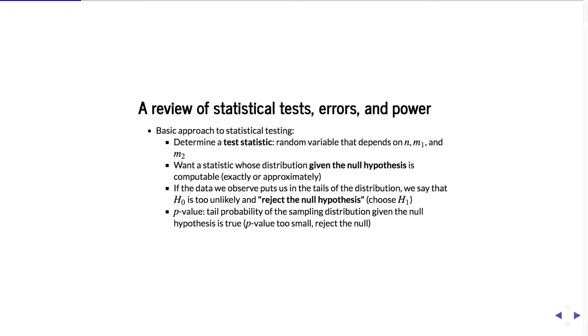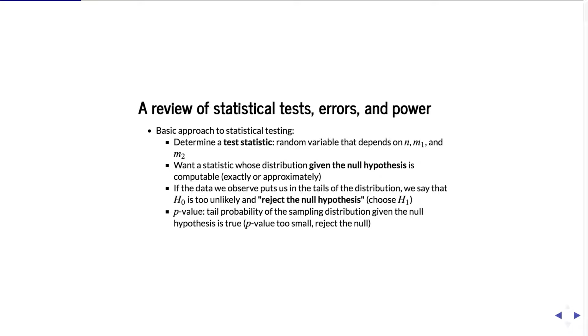What Fisher and all the guys back in the day wanted was some statistic whose distribution given the null hypothesis is computable. So if they were the same, there's some way that I can massage the data and compute a thing that I know. And if the data we observe puts us in the tails of the distribution, and we say this is too unlikely given the null, then we reject the null hypothesis and say the other thing must have happened because they don't look the same.